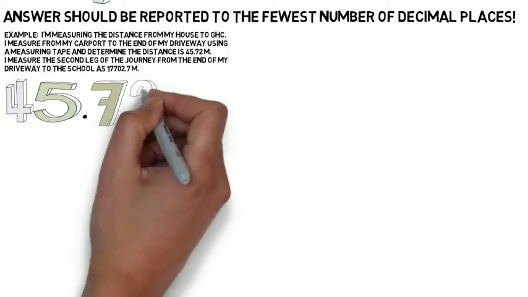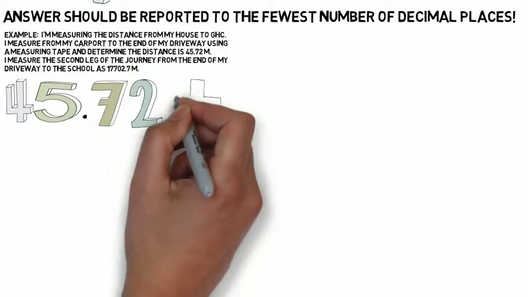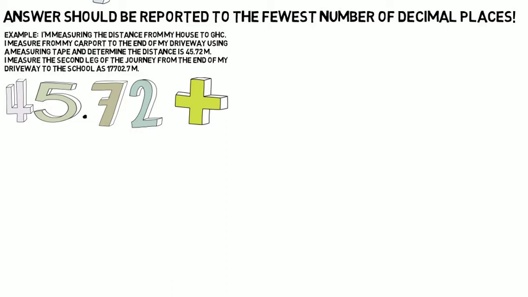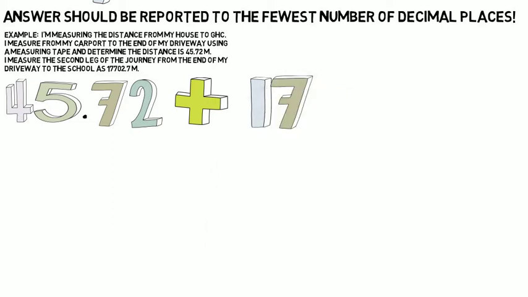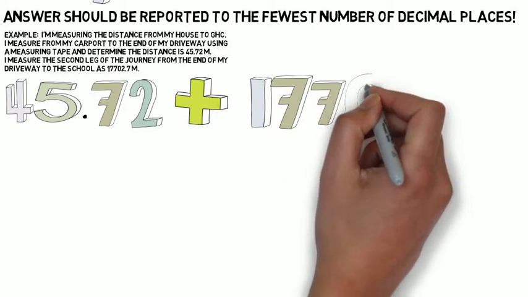At any rate, I then measure the second leg of the journey from the end of my driveway to the school as 17,702.7 meters. Since I want to know the total distance from my home to the school, I'm going to add those two values together.